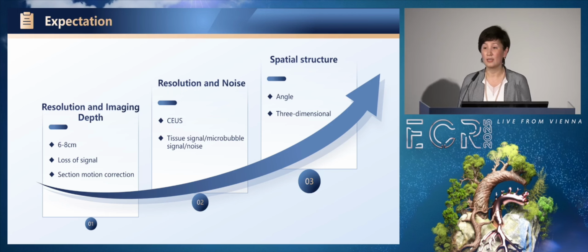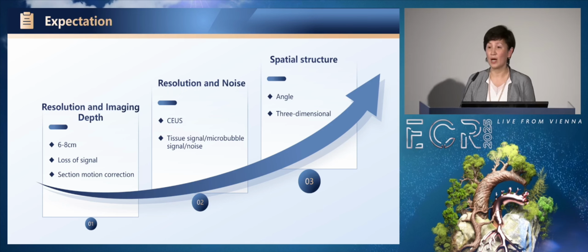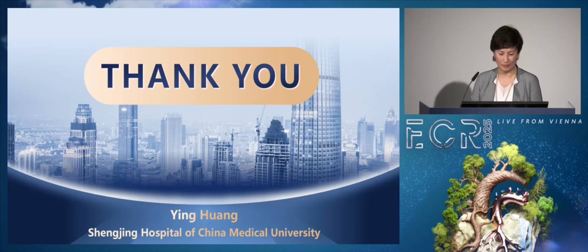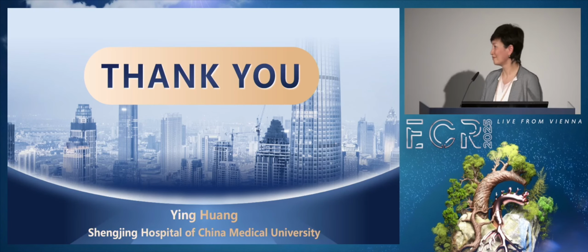So there is a prospect. I think maybe during the process, clinicians can get more inspired to do more research work to improve this kind of technique. That's my report. Thank you.